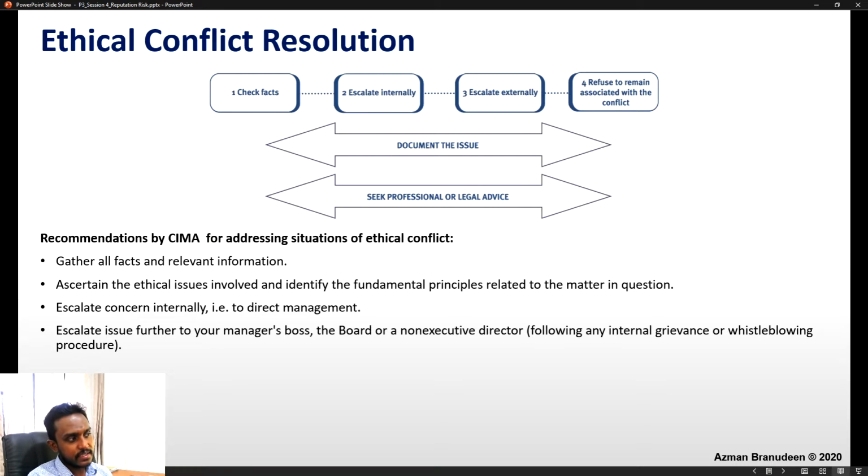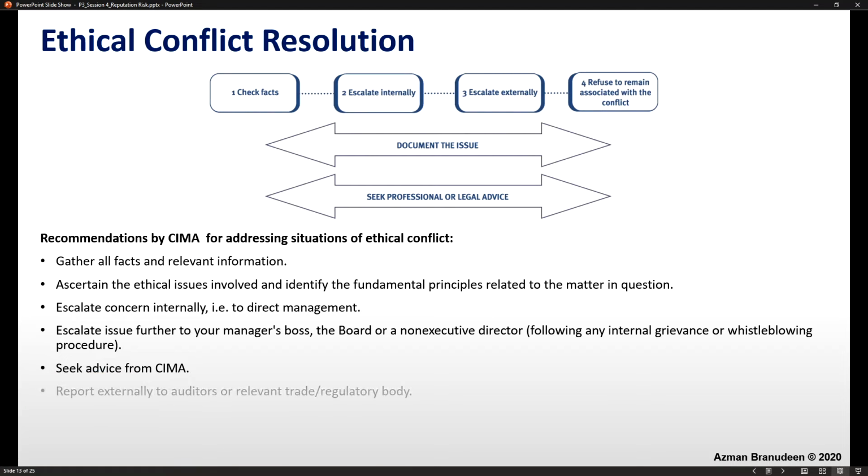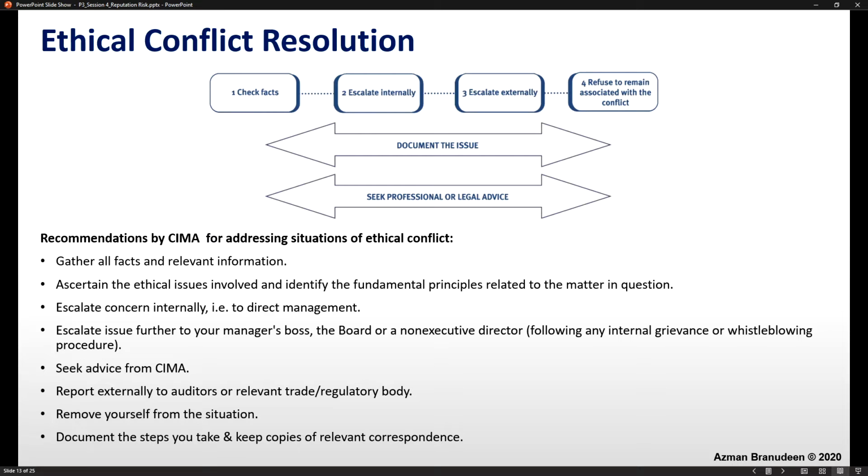You can escalate the issue further to your manager's boss, the board, or a non-executive director, following any internal grievance or whistleblowing procedure if you have them. You can also seek advice from CIMA. Report externally to auditors or the relevant trade or regulatory body. Remove yourself from the situation and document the steps you take and keep copies of relevant correspondence.